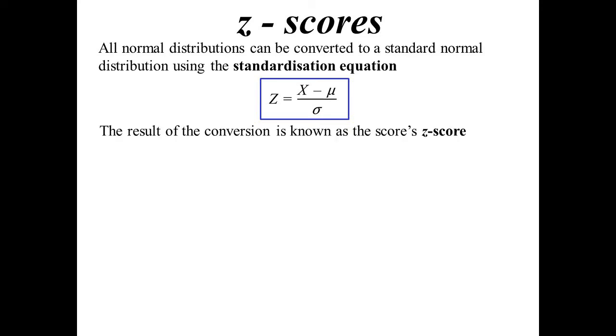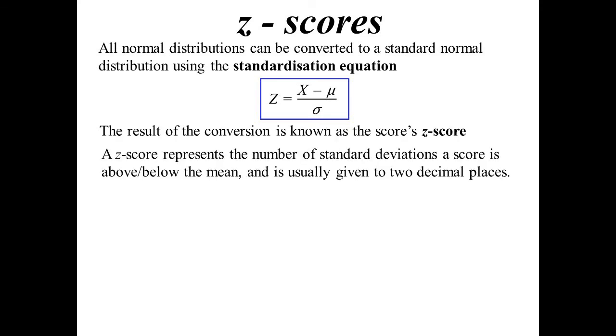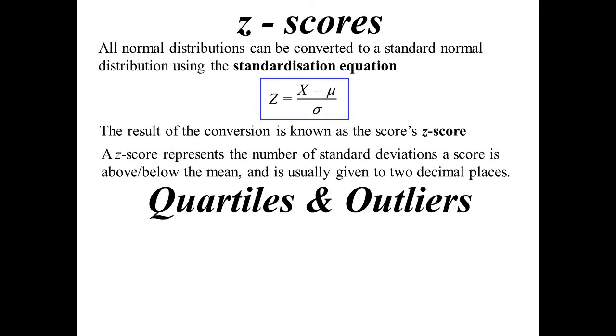When we talk about z-scores, we usually do them to 2 decimal places. Now, quartiles and outliers. Q3, we know, is 75% of the data. So if I look up my tables, whatever the third quartile is, I know I'd come back with an answer of 0.75. Q3 turns out to be 0.67.